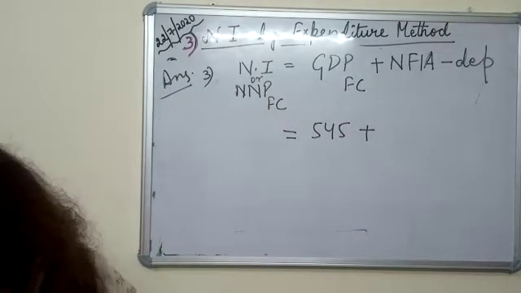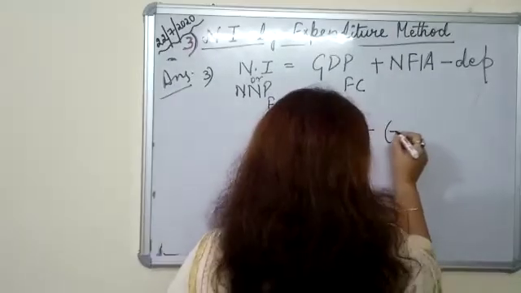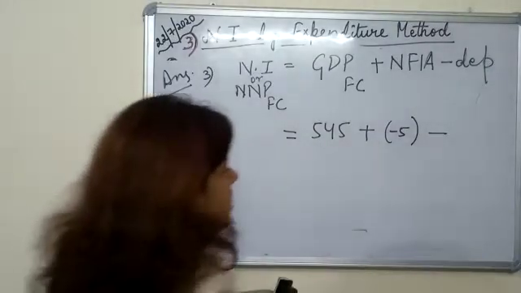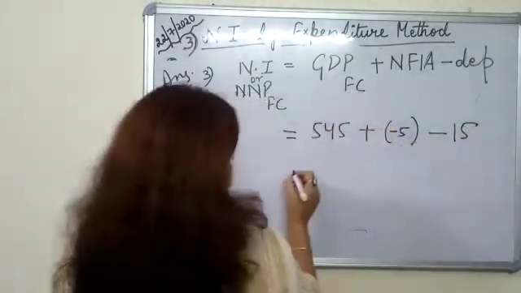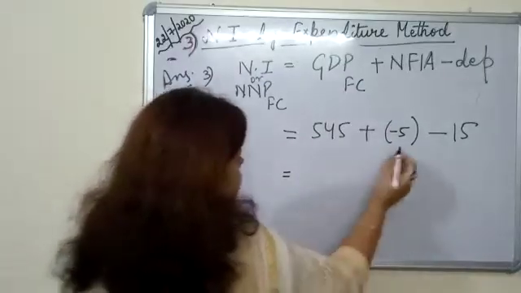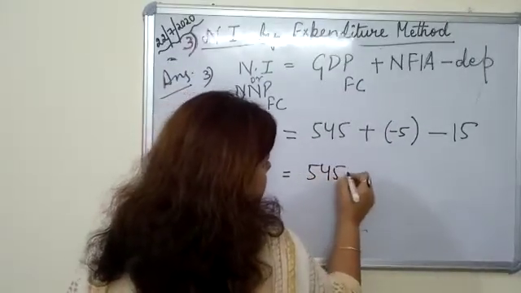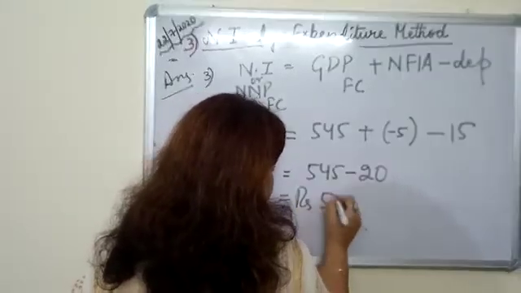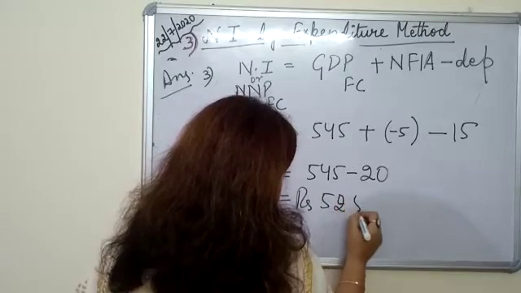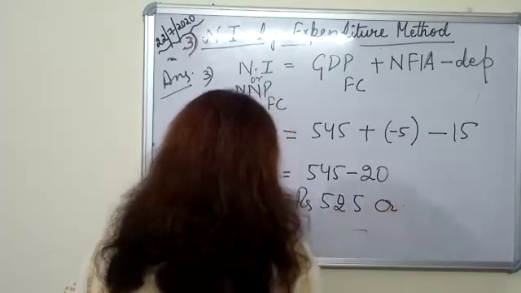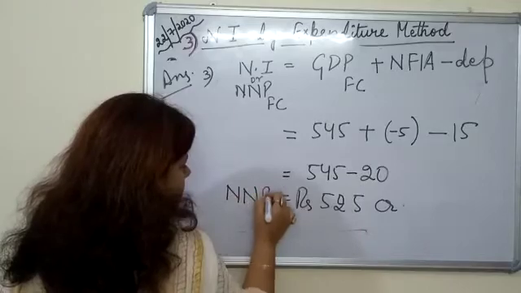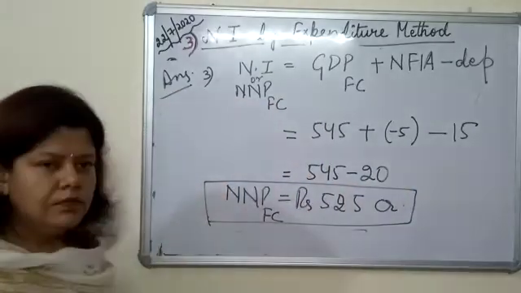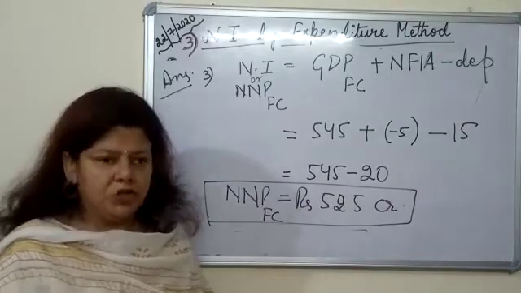Net factor income from abroad is -5. And depreciation again is given in the question as 15. So if you wanted to calculate the third thing as national income, 545 minus 20, it is rupees 525 crores would be the answer when you calculate national income by expenditure method.